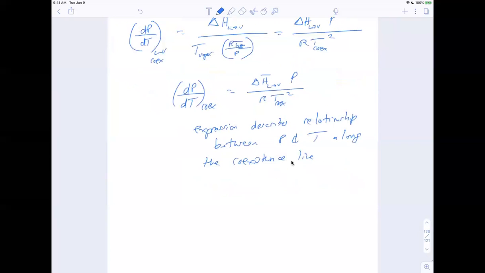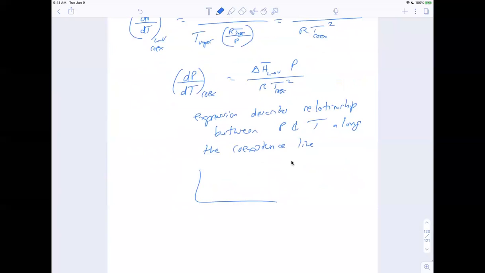And to remind you, that's just pressure, temperature. Let's use water again, right? So this is solid, liquid, vapor. So we're talking about all pressure, temperature combinations along this line. So we can drop the subscripts coexistence because now we know that this is what we're going to be dealing with. So that's what I mean when I say this statement right here.